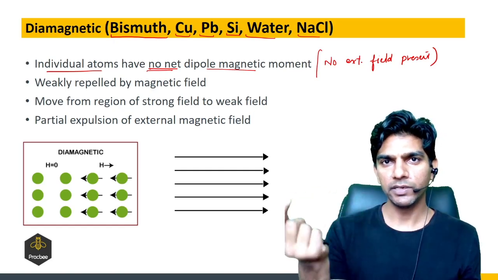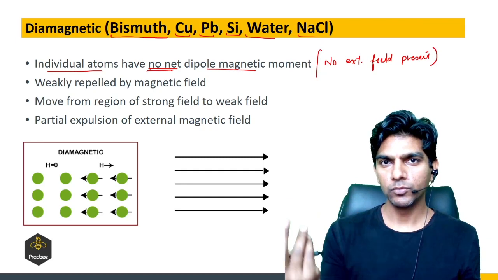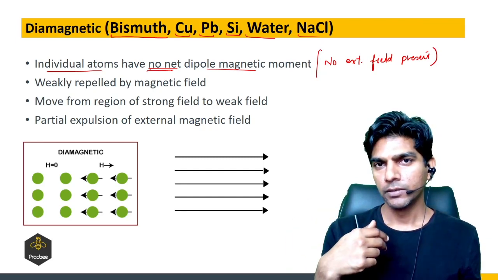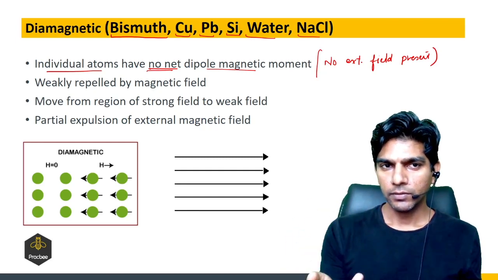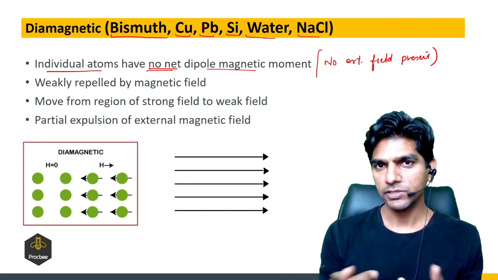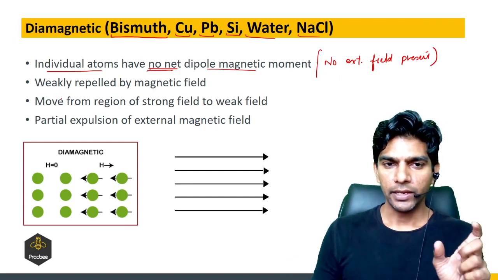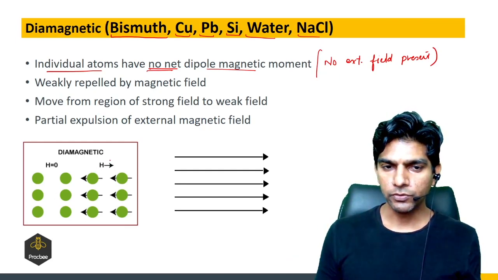The electrons are revolving around the nucleus, so there will be an orbital magnetic moment and also a spin moment, right? But in diamagnetic material, overall the magnetic dipole moment of an atom is zero when there is no external magnetic field. But if you introduce some external field, what would happen?